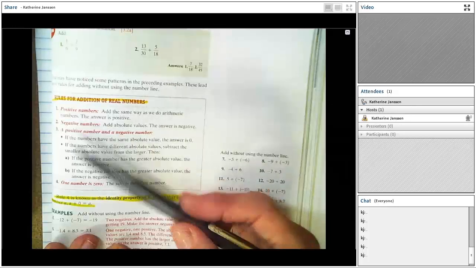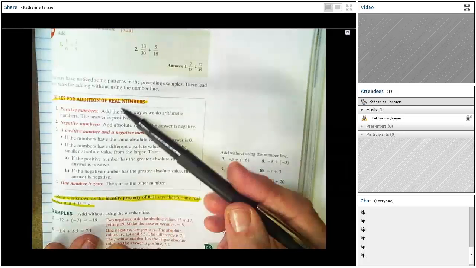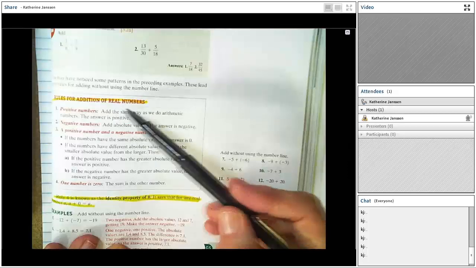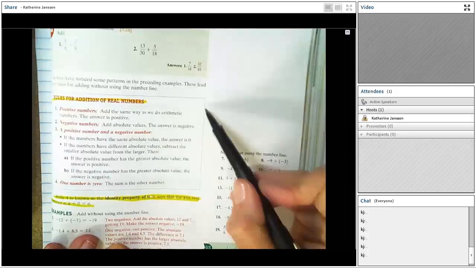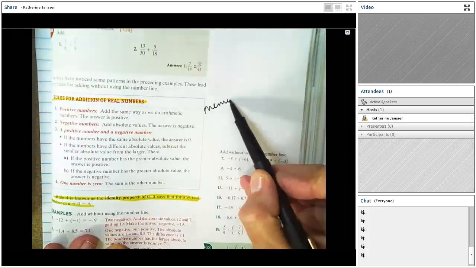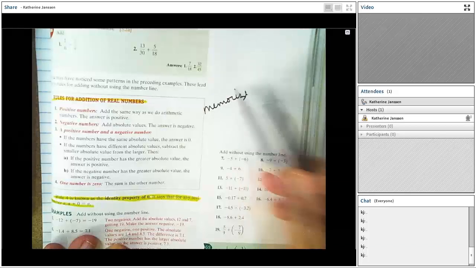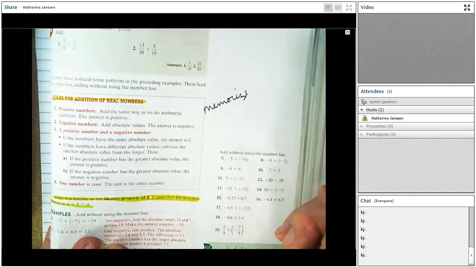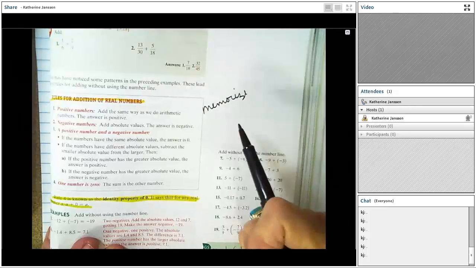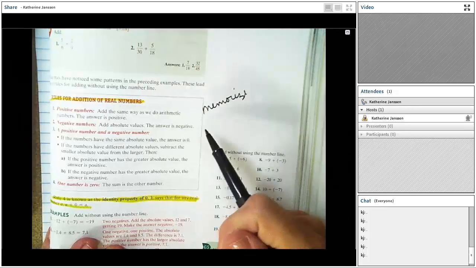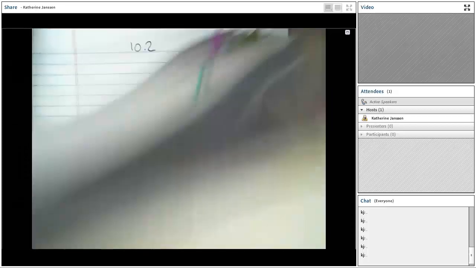Now there's a set of about 4 plus some details on how to add real numbers, and you will want to memorize this. And we will work on examples to help put this into place for you.